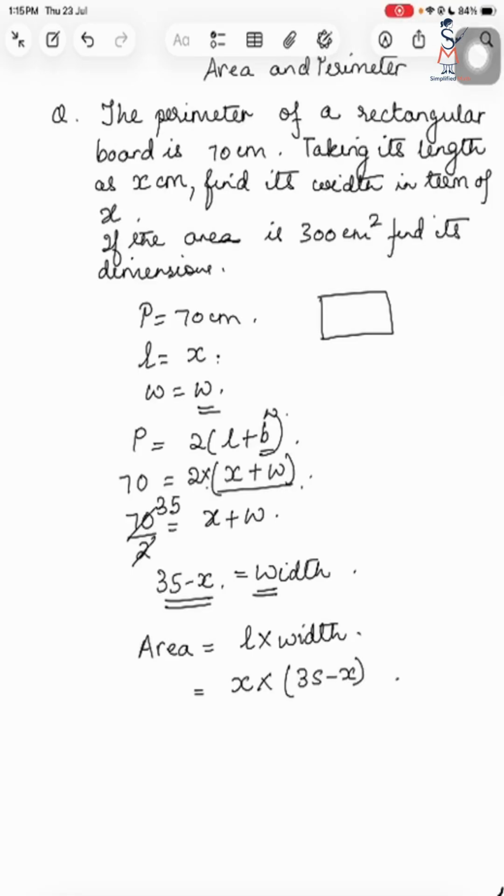Area is 300, so instead of area we will write 300, instead of length x, and instead of width 35 minus x. Now we will multiply: 300 will be 300 only, 35 into x, minus x into x becomes x square.